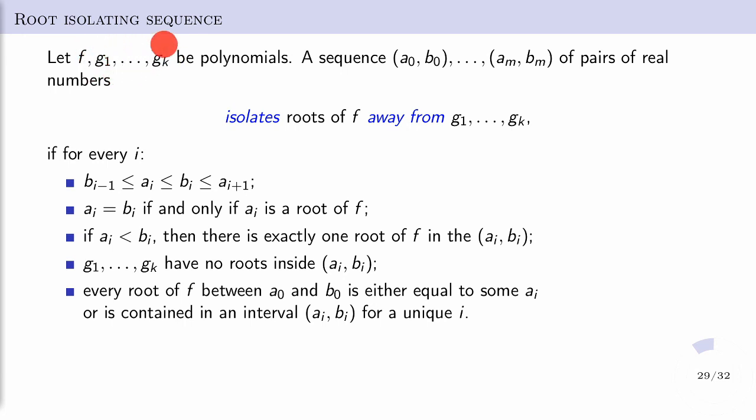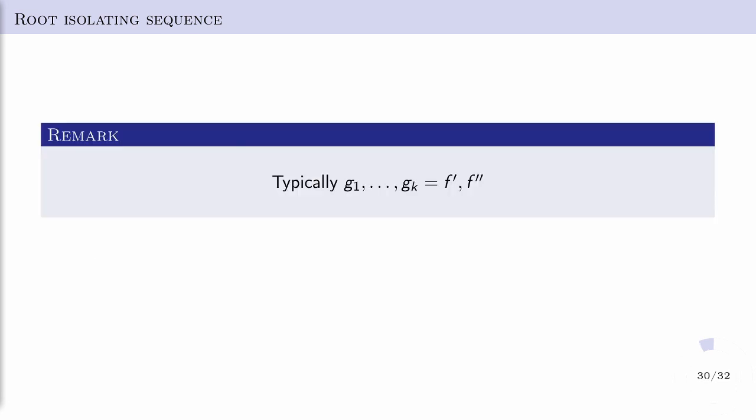Now, if you look at these polynomials here, in most cases, these polynomials will be just the first and the second derivative of f, because this will be needed in the algorithm used for approximating roots of polynomial.